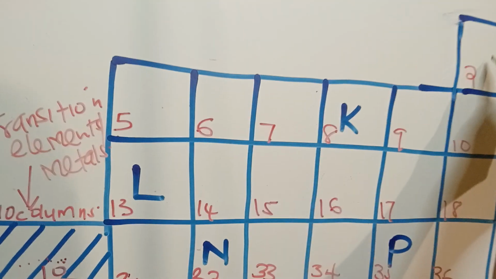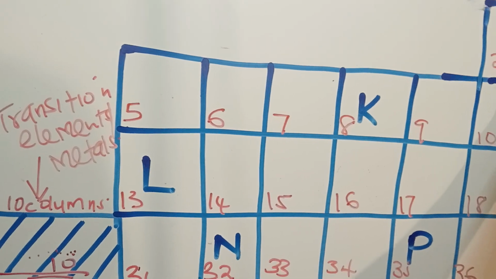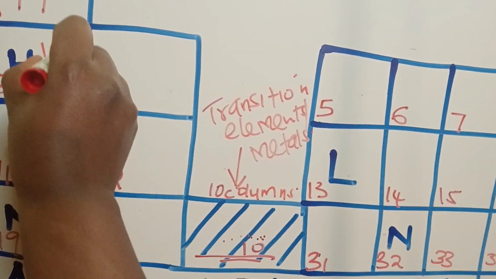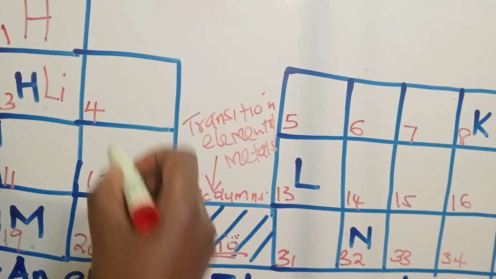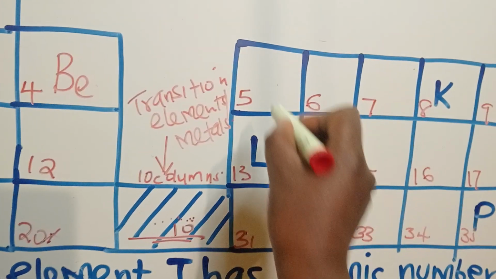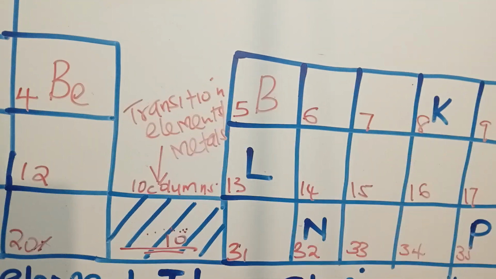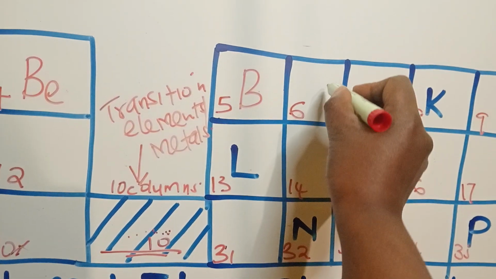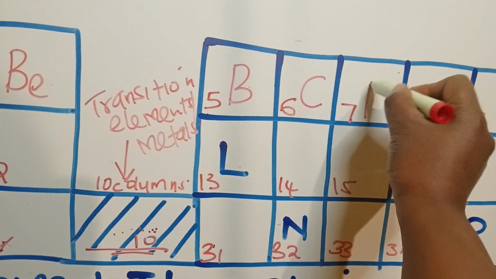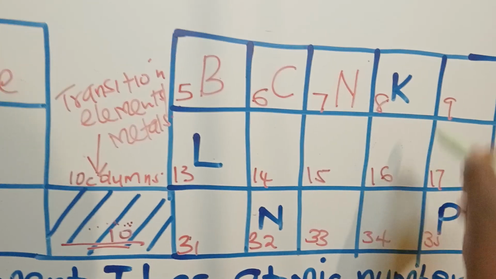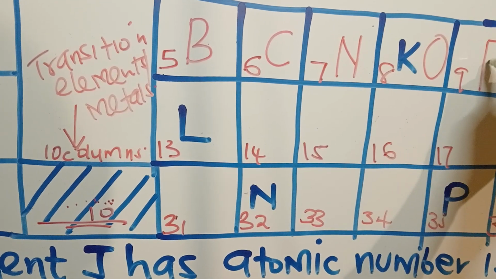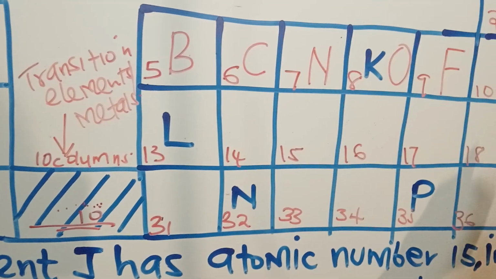Then we go to helium, then lithium, then beryllium, then boron, then carbon, then nitrogen, then oxygen, then fluorine, then neon.